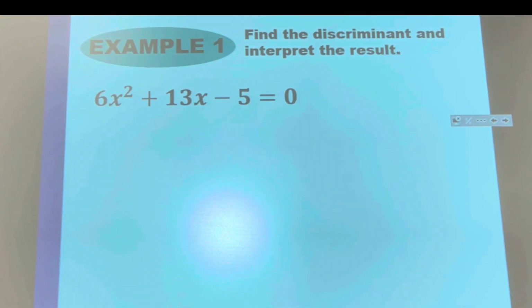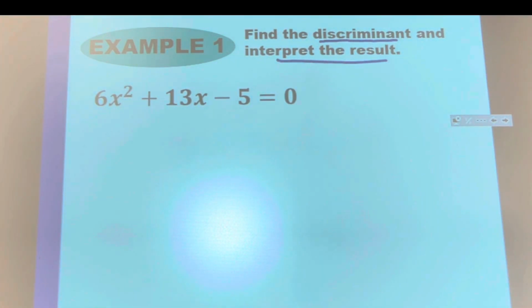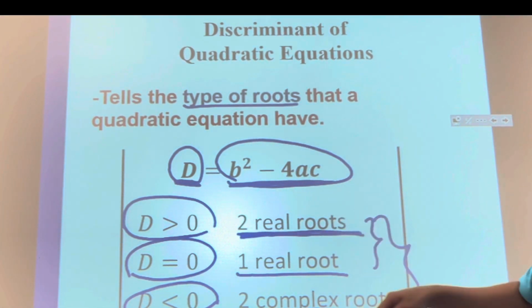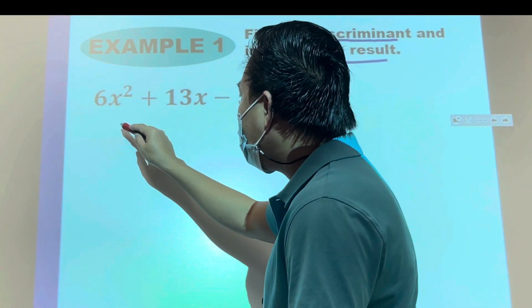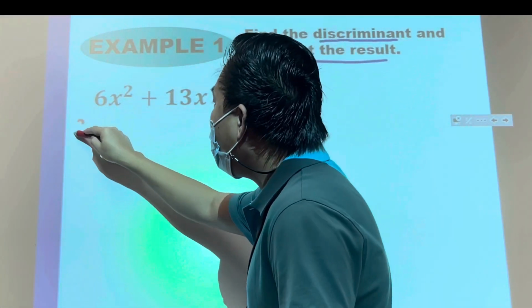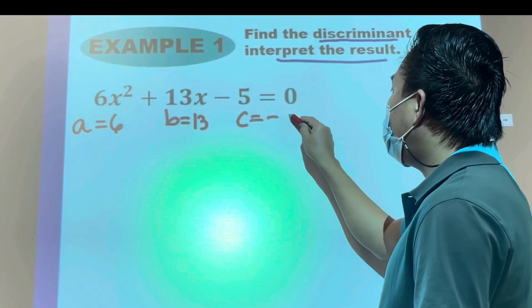Alright, let's have an example. We have this quadratic equation, 6x squared plus 13x minus 5 is equal to 0, and we will find the discriminant and then interpret the result. These 3 cases will be our interpretation. First thing you have to do is identify a, b, c. Here, a is 6, b is 13, and c is negative 5.